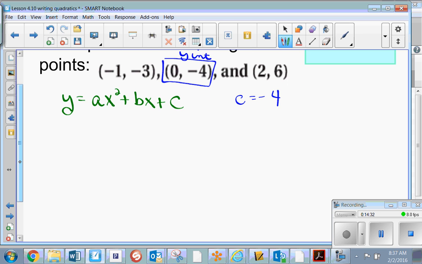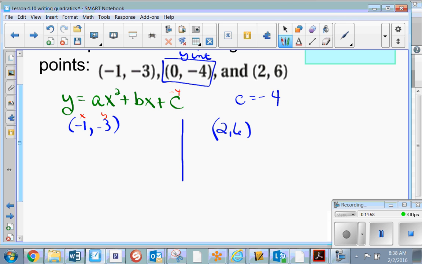I'm going to make 2 columns here. I'm going to work with this point, -1, -3 over here. I'm going to work with 2, 6 over here. So over here, I am going to use this for my x and this is my y. And I already know my c is -4.